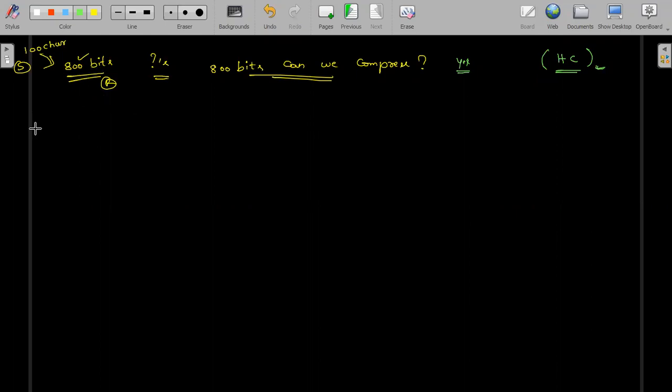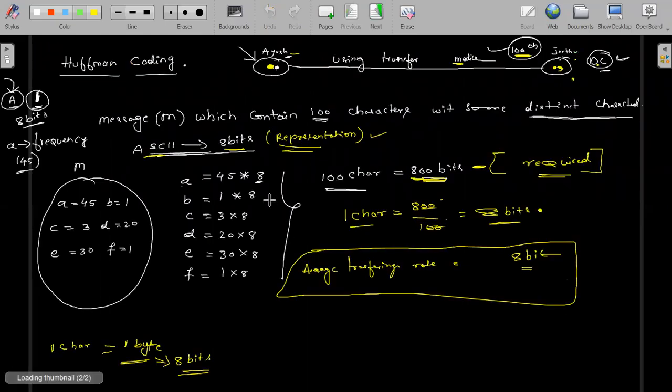See here, observe here. 800 bits. To represent all these distinct characters, we need 8 bits based on ASCII value. But what I am going to do is use 3 bits instead of 8 bits. Sir, why do you want to use 3 bits here?